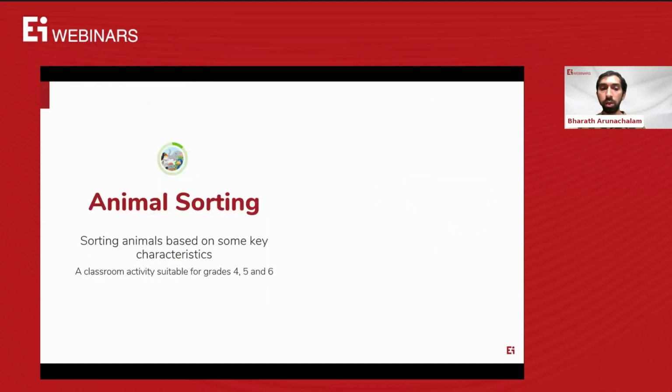So moving on to the next part, wherein we thought we'll share one of these ideas on animal sorting, right? This is a computational thinking activity that is part of Mindspark CT. That's a web-based product that we offer for students to learn computational thinking and also hone these skills.